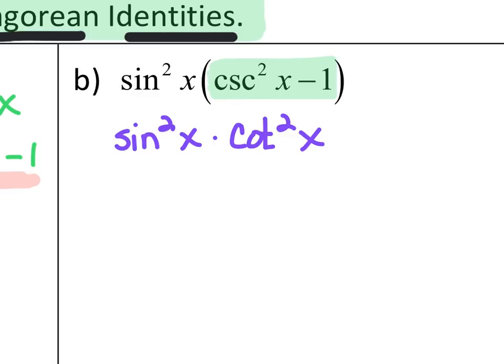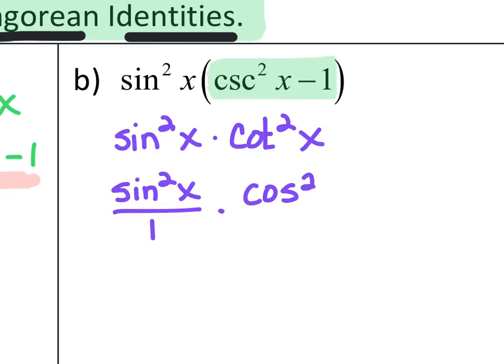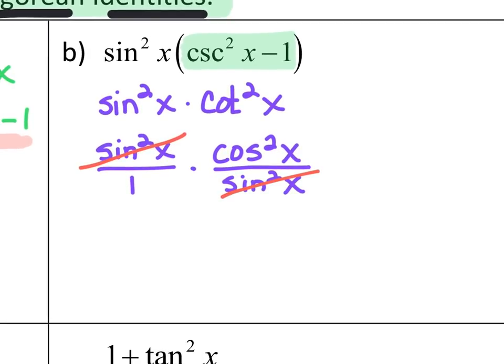So I'm going to take this problem another step, and I'm going to multiply sine squared of x over 1 times, and I'm going to change the cotangent to cosine squared of x over sine squared of x, and then cancel the sine squareds of x, and my answer is cosine squared of x.